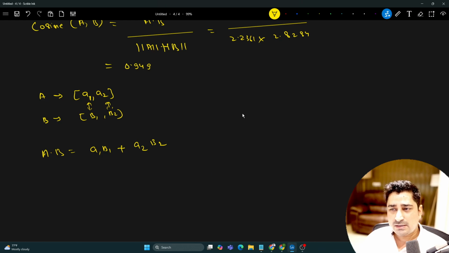This is the cosine value between ID1 and the query vector. The value is 0.949. Okay, so 1 is done.